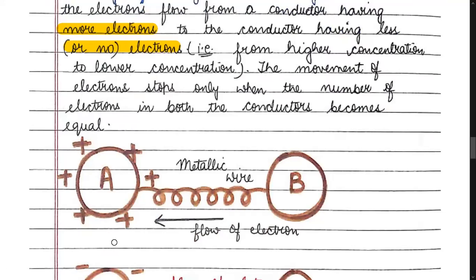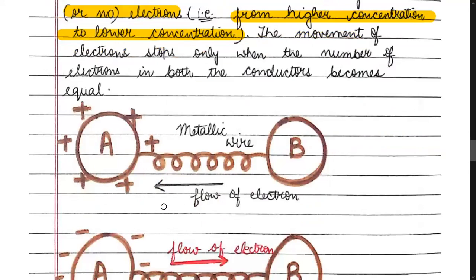So the electrons will flow from more number of electrons to less number of electrons, which can also be said as the electrons are flowing from higher concentration to lower concentration. The movement of electrons stops only when the number of electrons in both the conductors becomes equal.